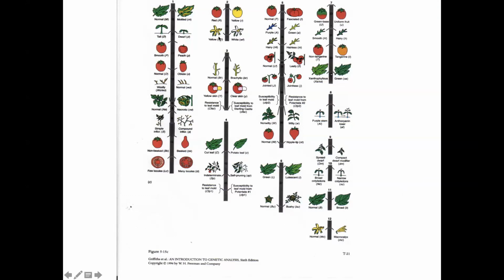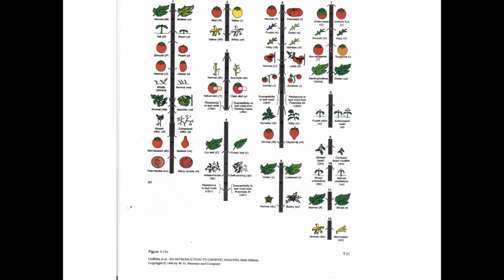Here's another one, on chromosome 2, a gene that determines flower color. Either yellow versus white appear to be the most common allelic alternatives. Here's a gene on chromosome 7 that determines fruit color. Okay, so individual genes have been localized to different chromosomes in the tomato genome.